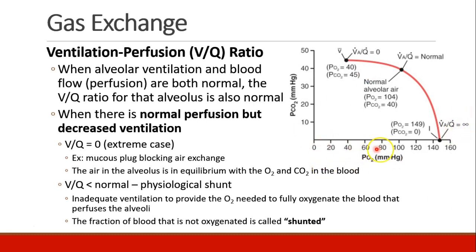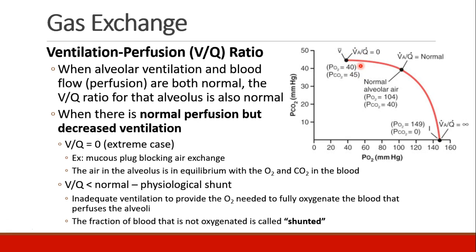And what we see here in this graph, this is looking at normal VQ ratio. And we expect the PO2 to be around 100, which is normal, and the PCO2 to be around 40, which is normal.